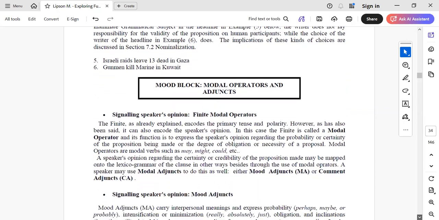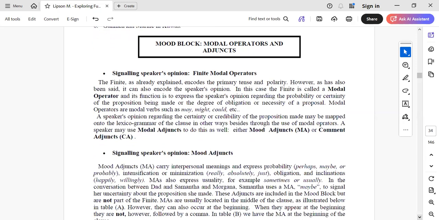Okay, now there is one more thing here. Signaling speaker's opinions: finite modal operator. The finite, as already explained, encodes the primary tense and polarity. However, it has also been said it can encode the speaker's opinion. In this case, the finite is called a modal operator, and its function is to express the speaker's opinion regarding probability, certainty of the proposition being made, or degree of obligation and necessity of a proposal.